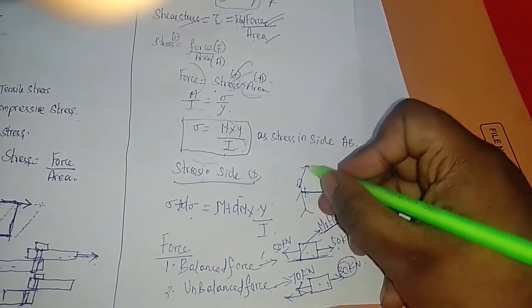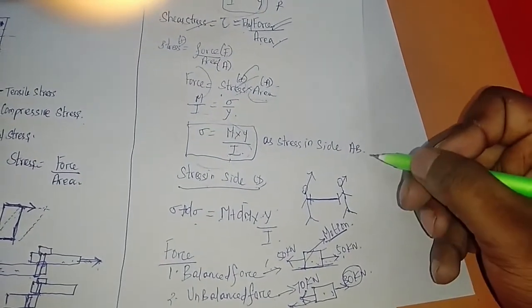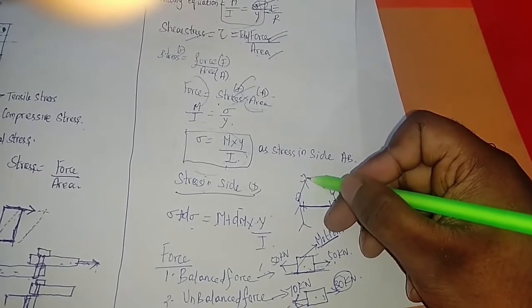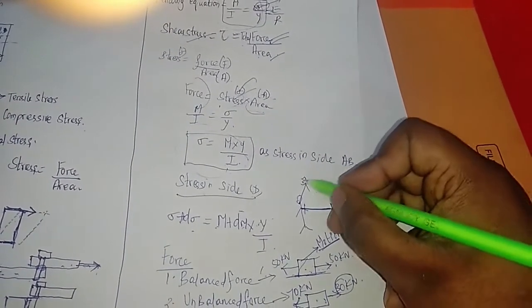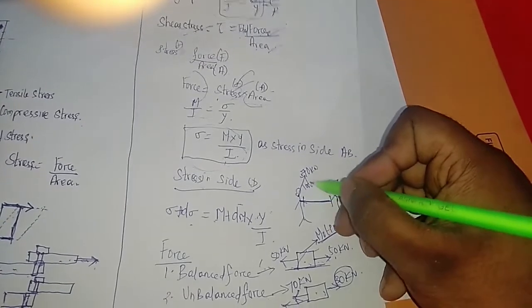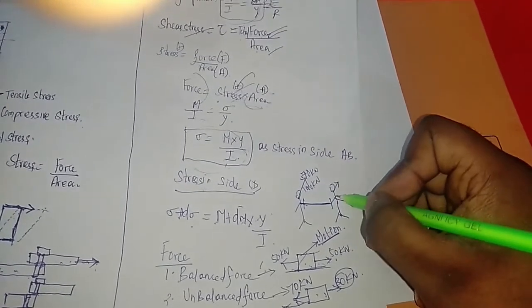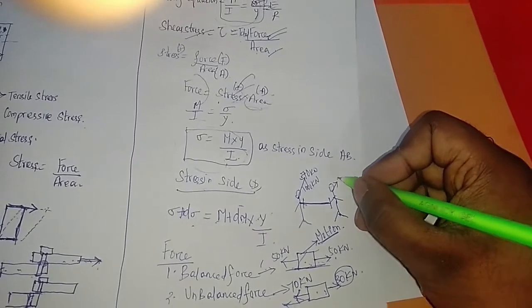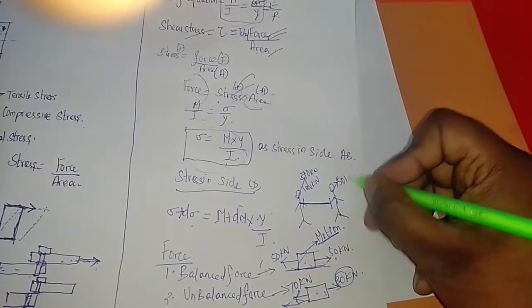This man is very strong and this man is very weak. He is able to pull with a force of 70 kilonewton or 100 kilonewton, for example. And this man is very weak, so he is able to pull using his strength up to 50 kilonewton only.